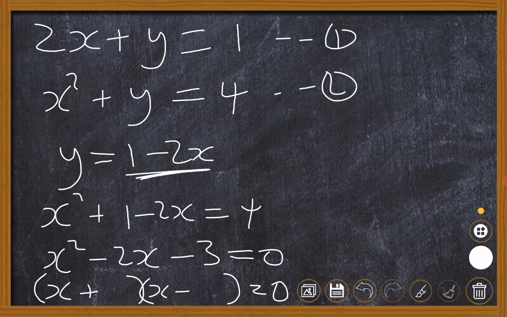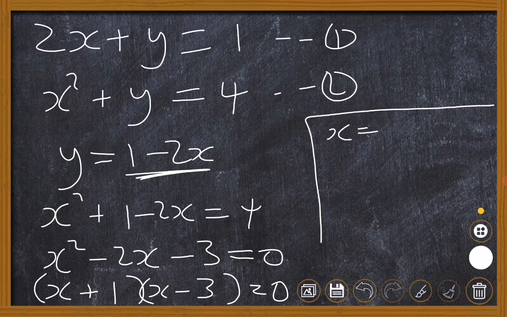But the sign of the middle term is negative, so the bigger factor needs to go to the negative. So x equal to minus 1 or x equal to 3. Those are our x values.